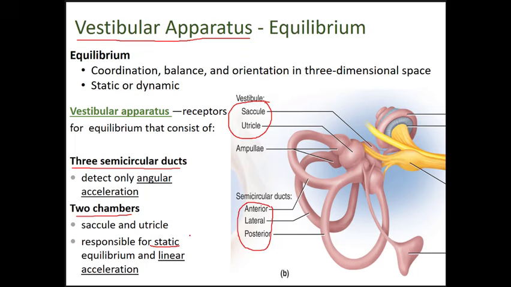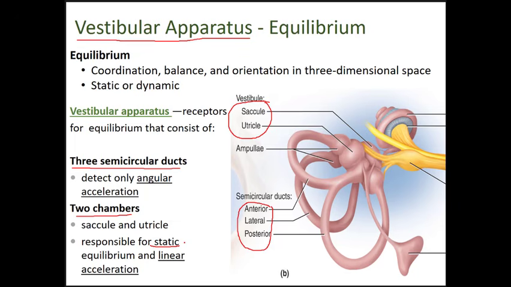Now, what's the difference between angular and linear acceleration? Linear acceleration is a change in velocity in a straight line. So, for example, when you're riding in a car in a straight line direction, or even riding in an elevator. Whereas angular acceleration is a change in the rate of rotation.